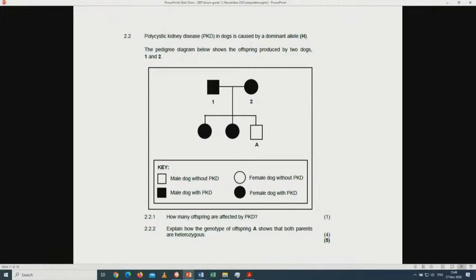We know that for each and every characteristic, we inherit one allele from each parent. So A inherited the recessive allele from 1 and another recessive allele from 2, which makes A a male dog without PKD.